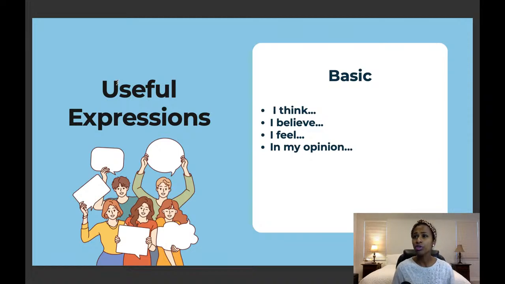Or you could say also I believe. I believe. There is a song that is I Believe I Can Fly. So I believe. And then you say I believe that this shouldn't be the case, for example. We are going to go through some sentences, okay?